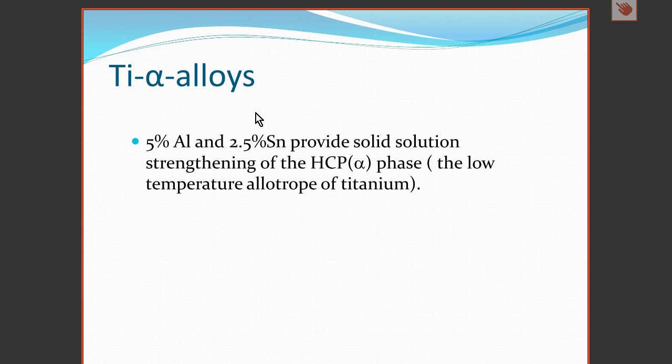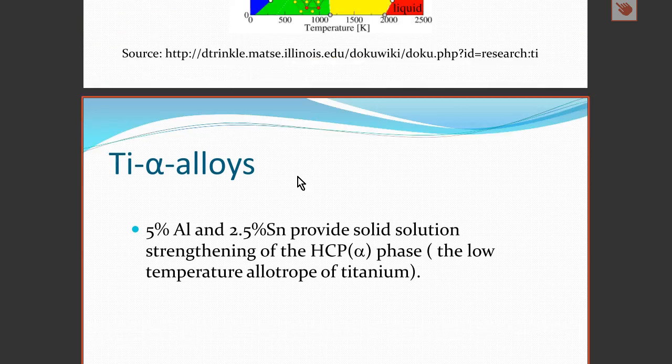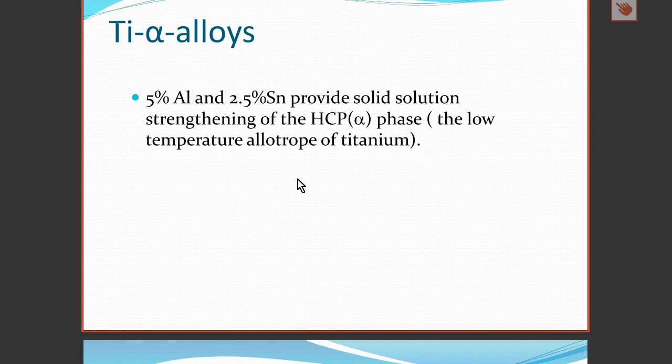So the alloys are named after which phase is predominant at the room temperature. The addition of aluminum and tin stabilize or strengthen the alpha phase, the low temperature allotrope of titanium.